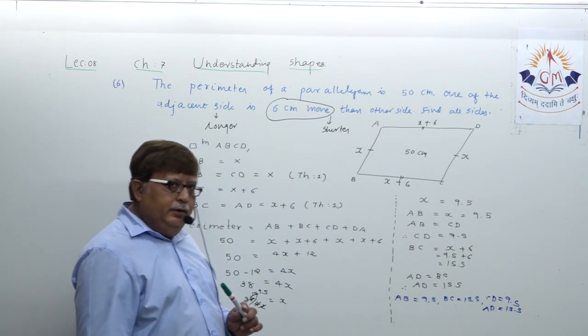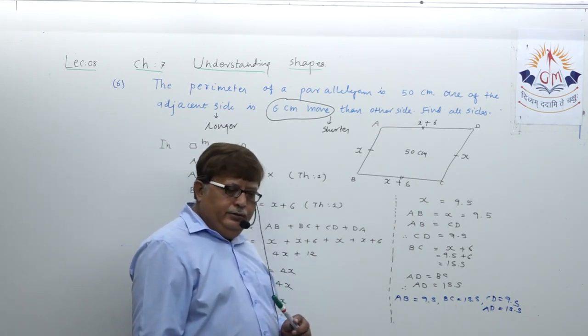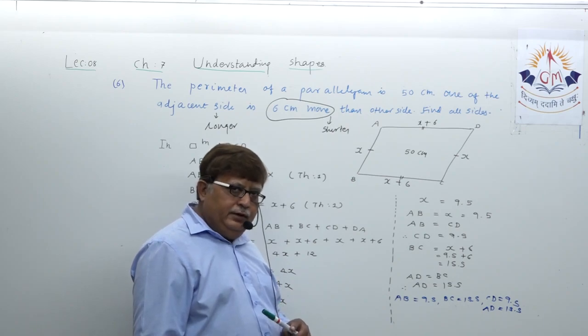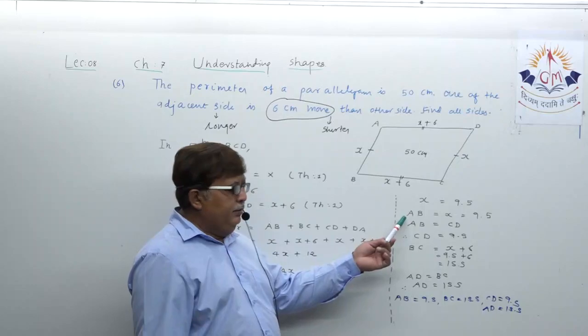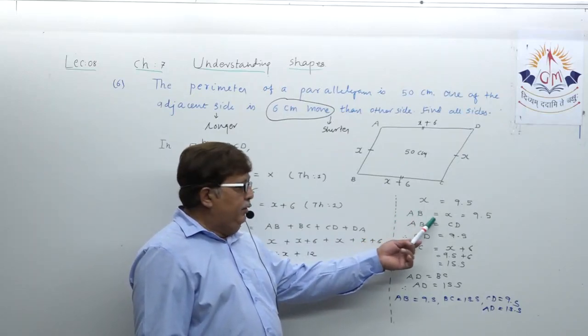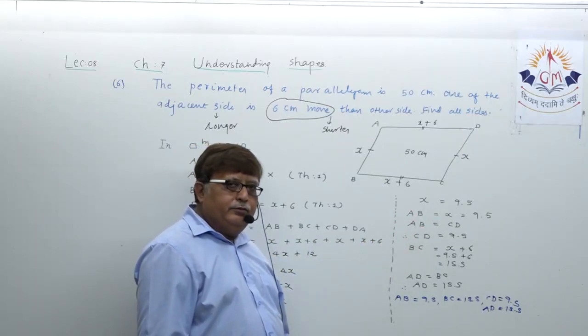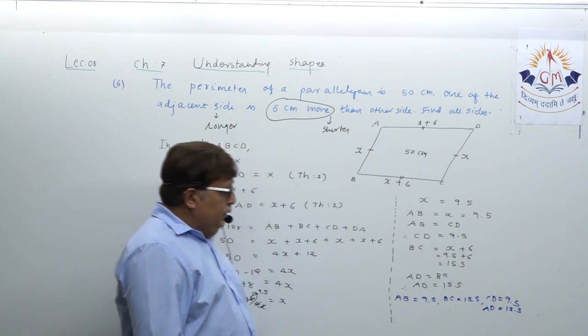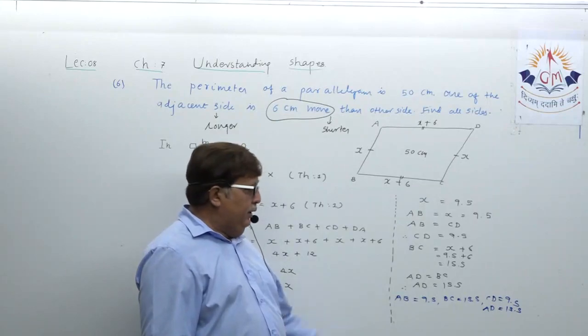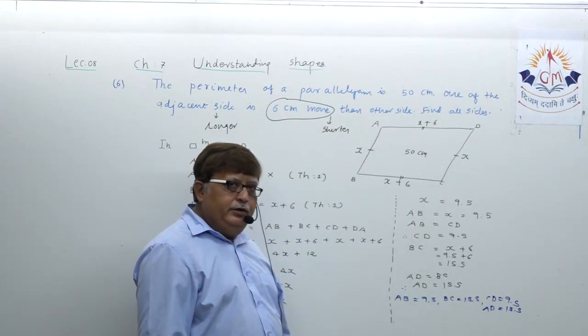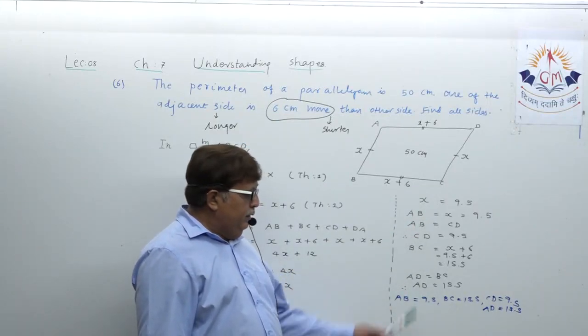Okay. Now when you write the final answer, understand what you are writing. AB equal to x equal to 9.5. AB equal to CD, CD 9.5.